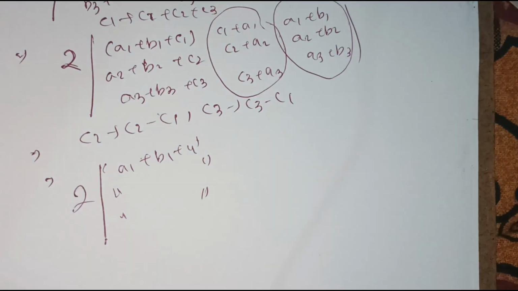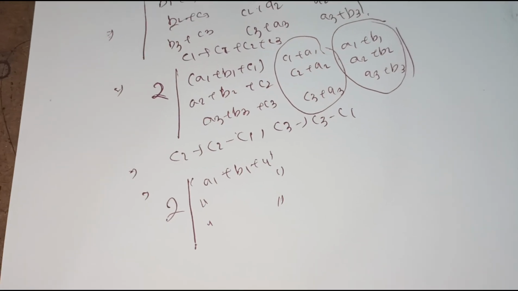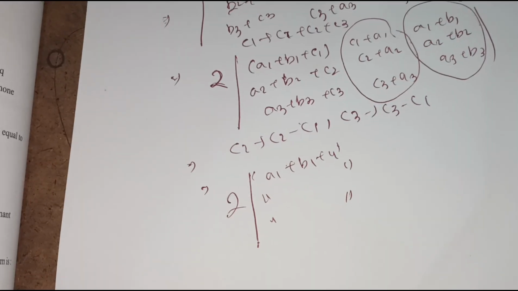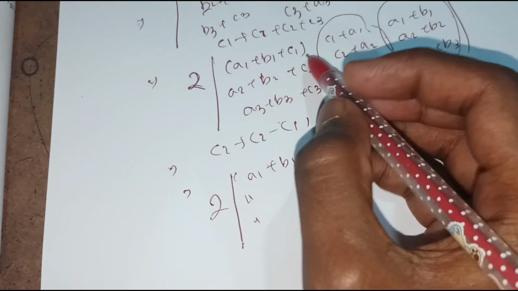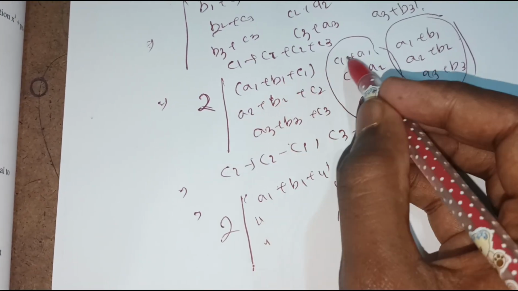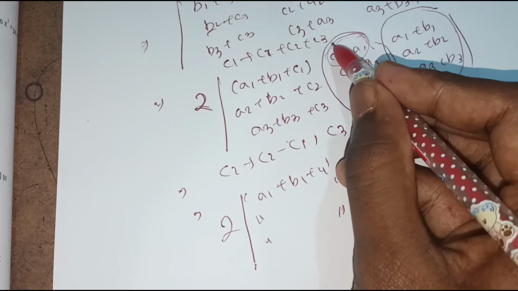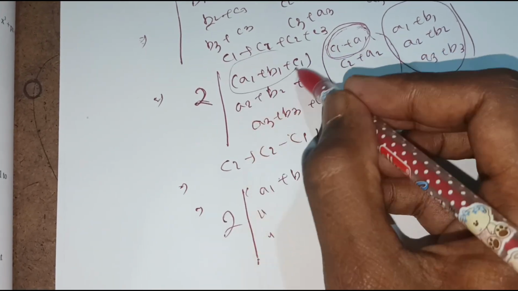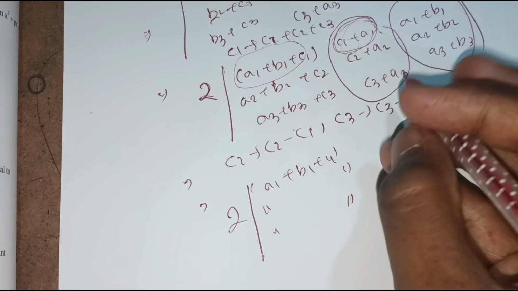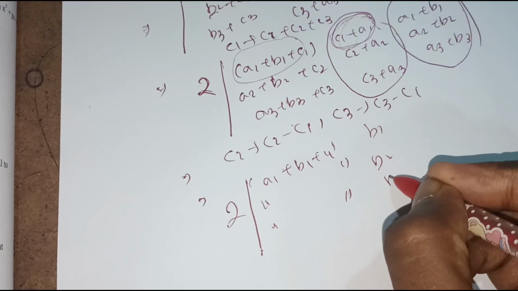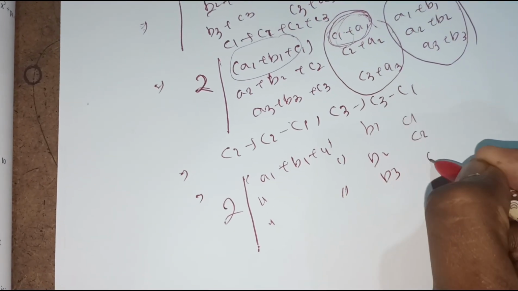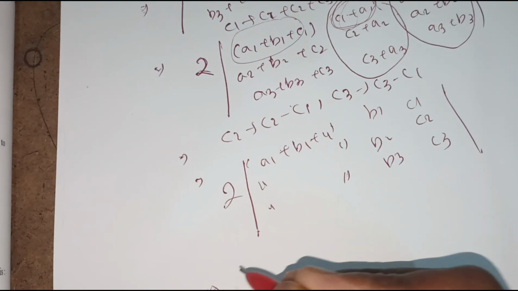Here I am writing c1 a1. Subtracting this from this, we will get b1 b2 b3, c1 c2 c3. So here it will be like this.